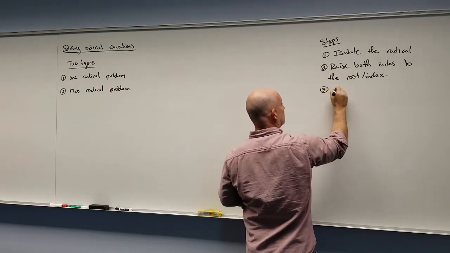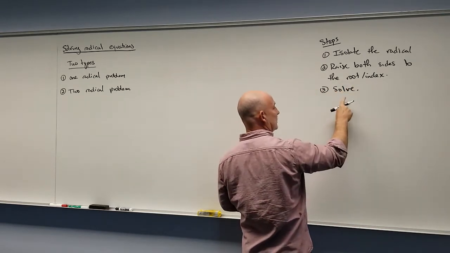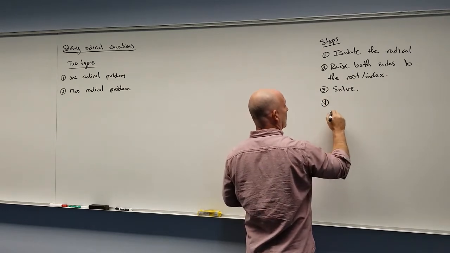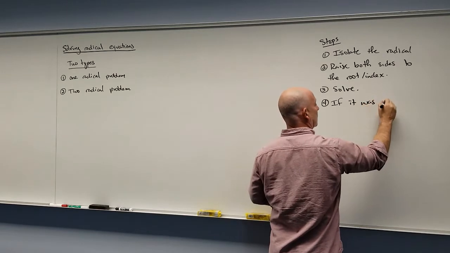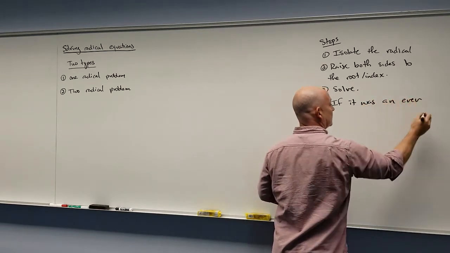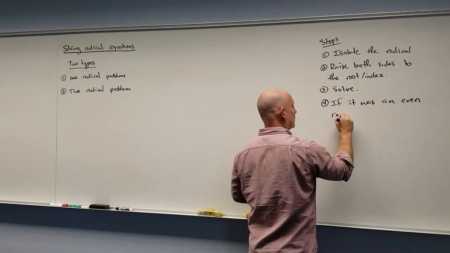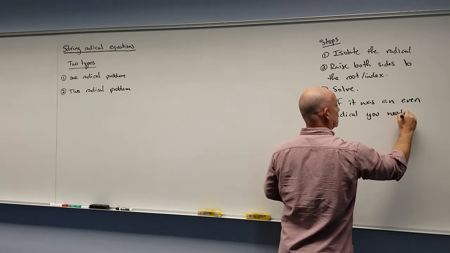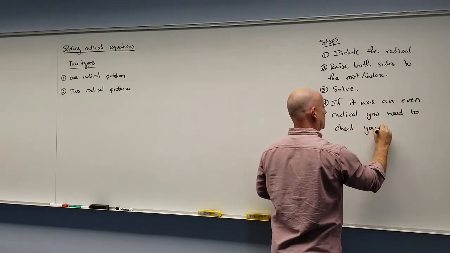Step three, solve whatever's left over. That means it's going to be a brand new type of equation, either linear or polynomial. Step four, if it was an even radical, you need to check your answers.